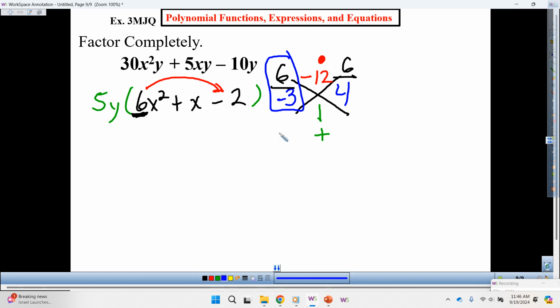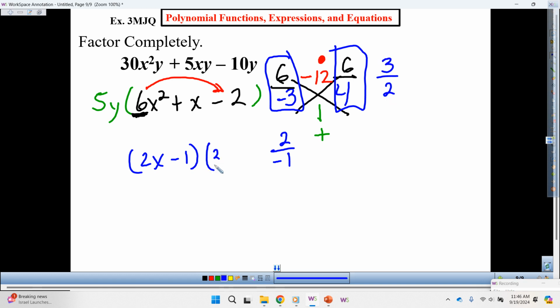Yes, it becomes what? 2 over negative 1, is that correct? So my factor is 2x minus 1. Can we reduce this fraction? Yes, that becomes what? 3 over 2. So my other factor is 3x plus 2. Don't forget your BFF, 5y, and these are my factors. Hands, have you got that?